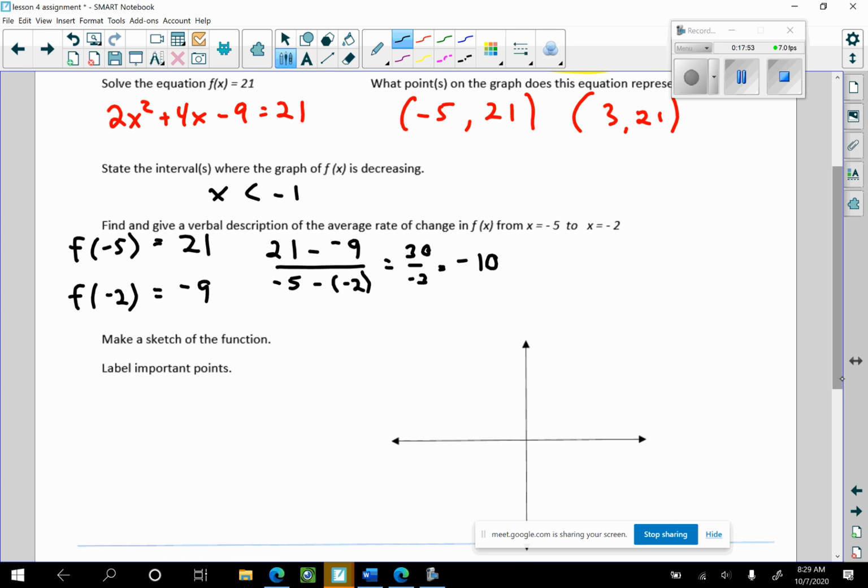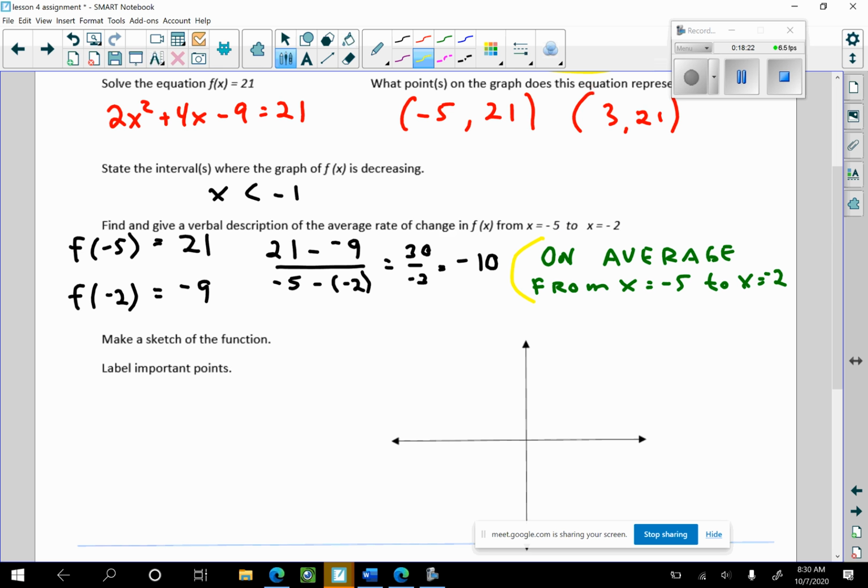So here we go, and most of you did this very well. Here's what I need. On average, from x equals -5 to x equals -2, what's happening?